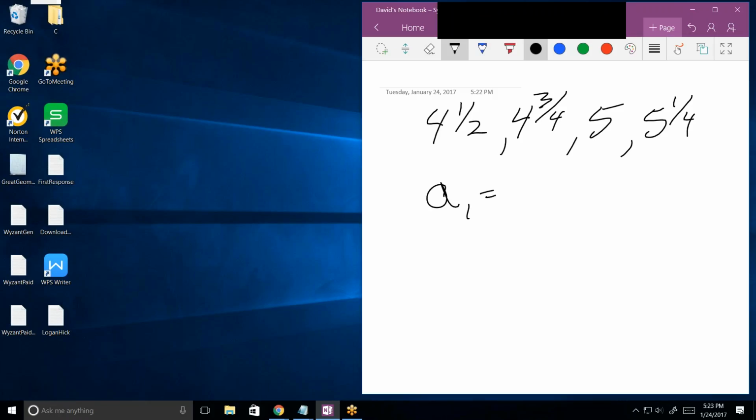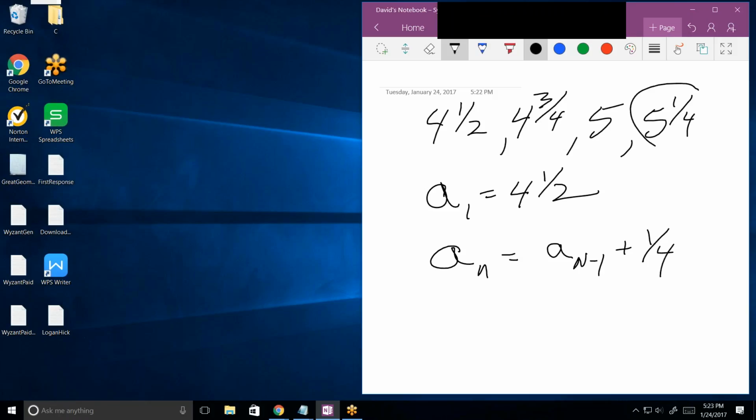A sub 1 is 4.5. What's the recursive formula? It's the previous number plus 1/4, or 0.25. In other words, if we look at this sequence, no matter where I start, all I need to know is the previous number and add a fourth to it.